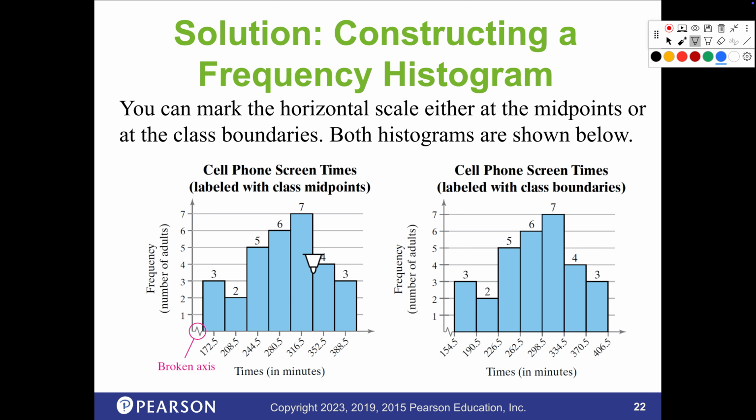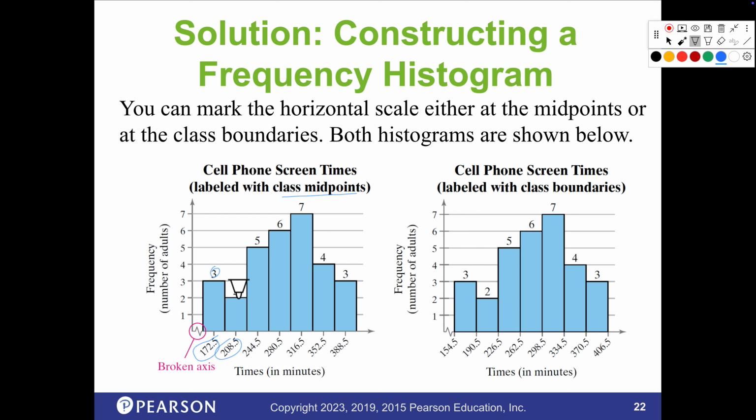And then when you do your chart, you can now do it in two ways. So one way is to label it with the midpoints. So notice here, they've just taken the midpoint of 172.5. These are each of the midpoints. And then you've got your frequency here, and that gives you the height of the bar.